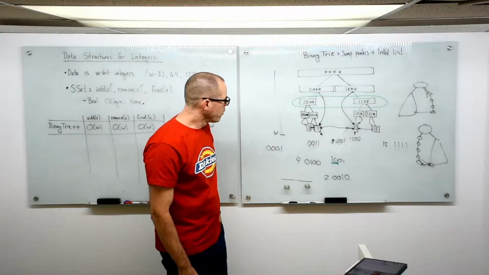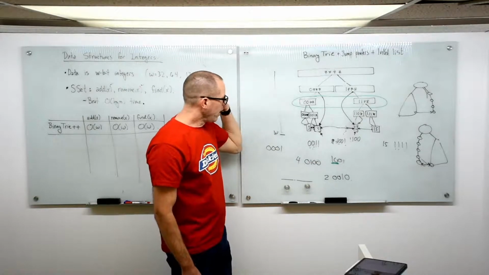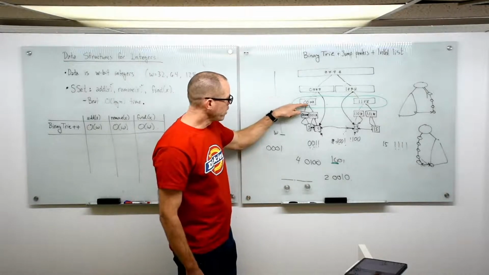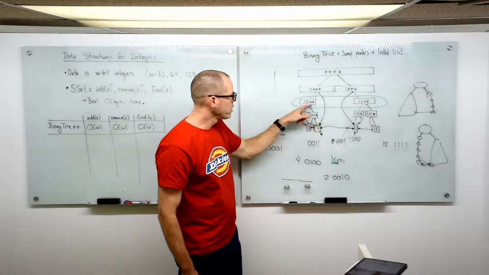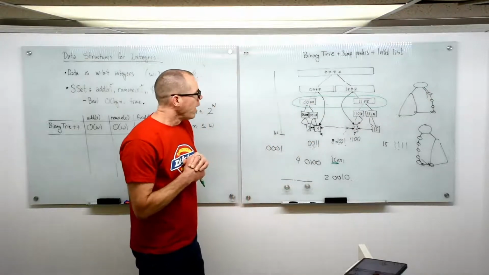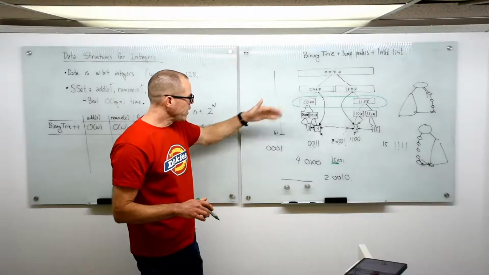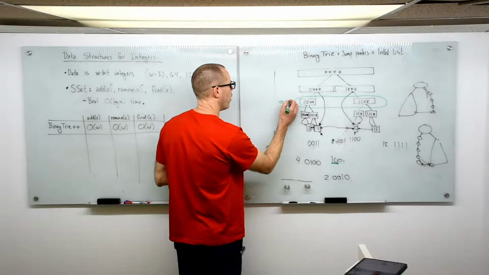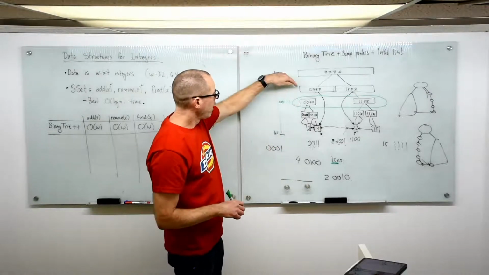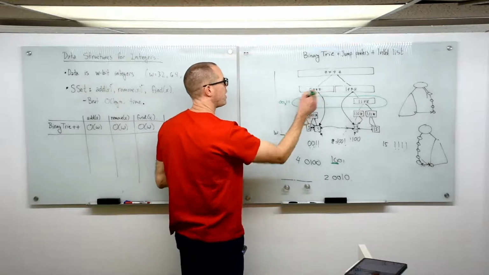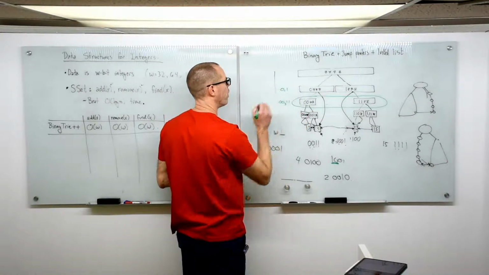So at this level, the labels have 2 bits in them and then some stars, but just keep the bits in mind. So at this level, there's a set of these 2-bit labels. In this case, it's 0, 0, and 1, 1. At this level, there's another set. In this case, it's 0 and 1.